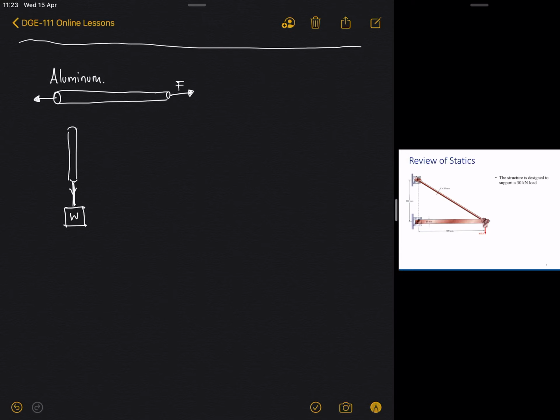So this will become the tension force, and here it also has to attach to something, and we also have tension. So here we have a force applied to this aluminum bar, for example.